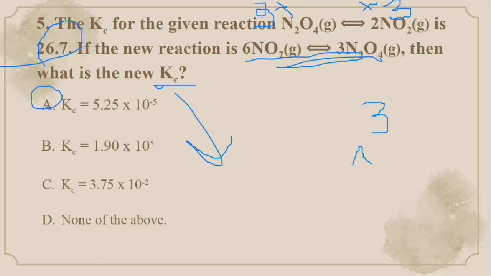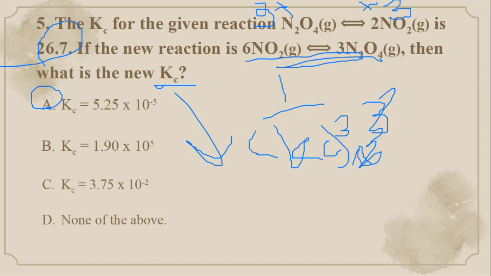So basically what you're doing is you're taking 1 over Kc and you're raising it to the third. You could also do it in parentheses this way. Order of operations dictates you do the third first and then 1 over.